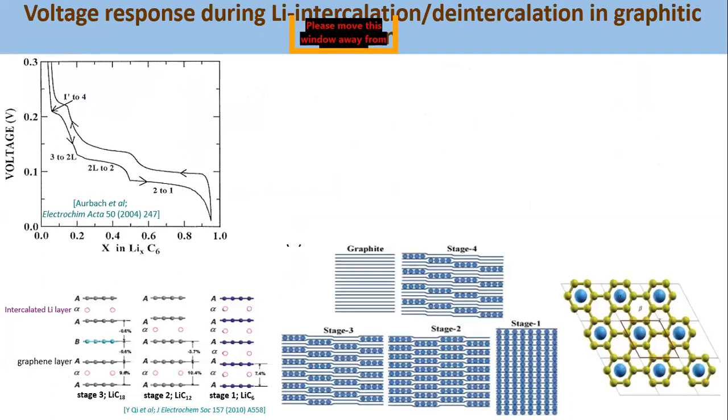As I told, the commercial lithium ion battery contains graphite at the anode side. So one should be interested to look at how the voltage profile looks, how the charge stores in graphite. In the first figure you can see that there are a couple of voltage plateaus with respect to the lithium fraction in graphite.